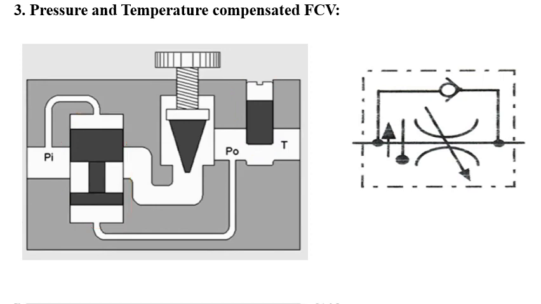To control the rate of flow of a liquid, we use a flow control valve. By opening the flow control valve, the area of the flow is increased and thereby the rate of flow increases, and vice versa. By closing the flow control valve, the area of the flow is reduced and thereby the rate of flow reduces. But the rate of flow also depends on the pressure and temperature of the oil.